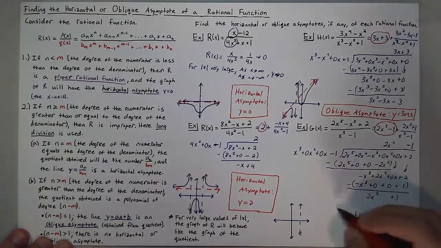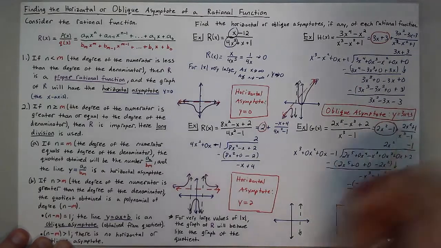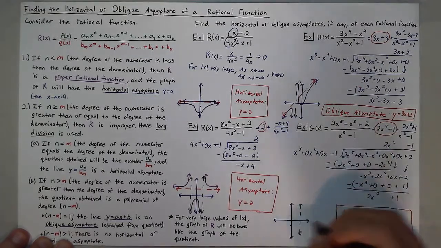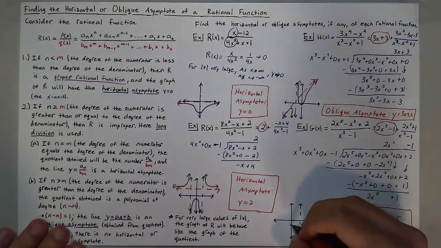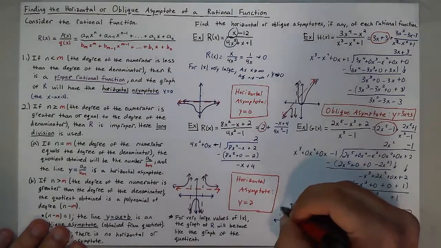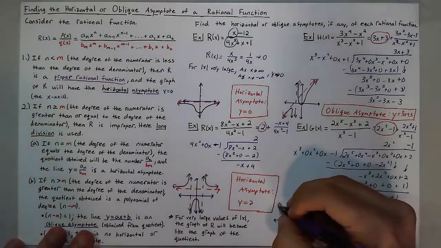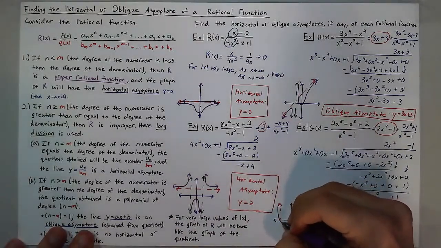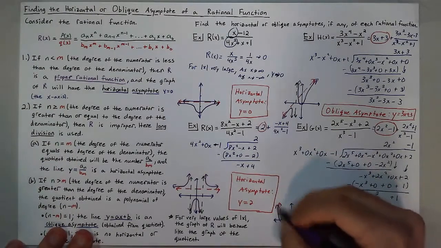But what happens with the graph is that it is a quadratic with a y-intercept at negative 1. And then you'll see here that it will make a parabola. And the way the graph behaves is it will follow that parabola like normal for large values of x to the far left.